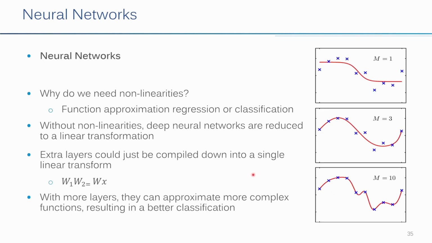And why do we need nonlinearities? We kind of talked about this when we mentioned the boundaries that we wanted to separate. If we were to have only linear transformations, we would be able to compress all the weight matrices that we have into one single linear transformation. And this is actually not good, because we want our weights to be important or related to their inputs in different ways.